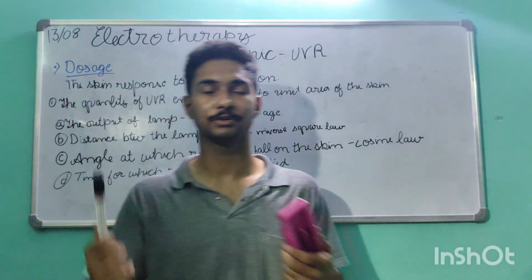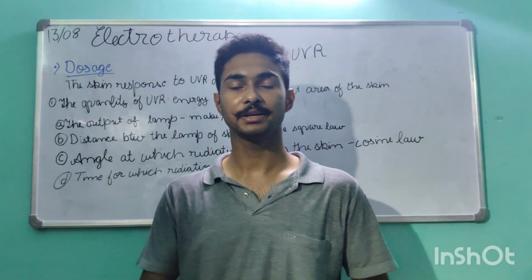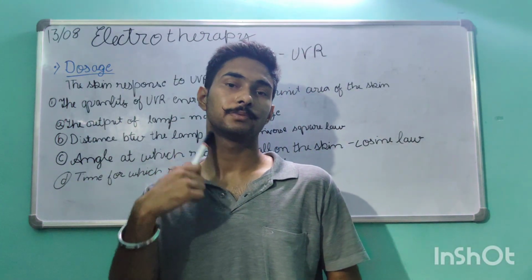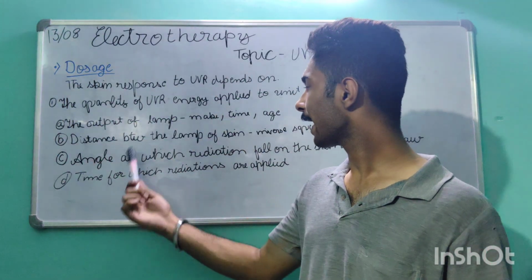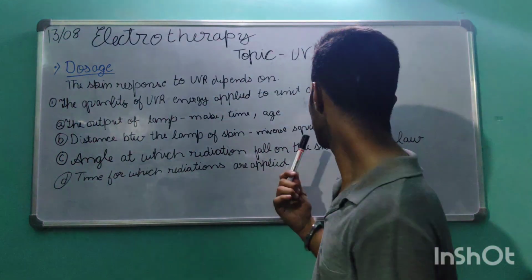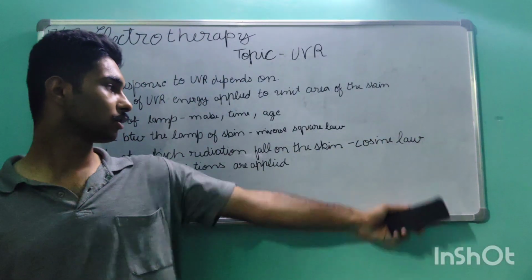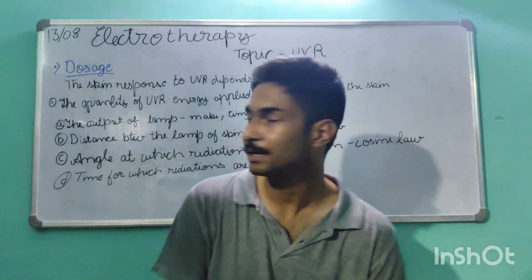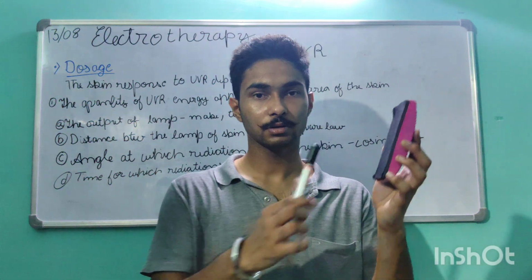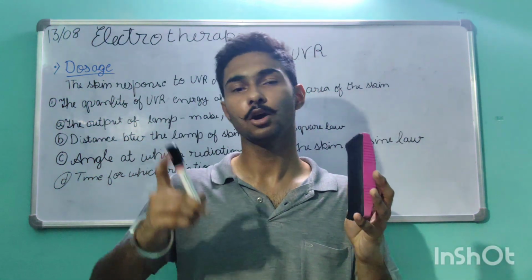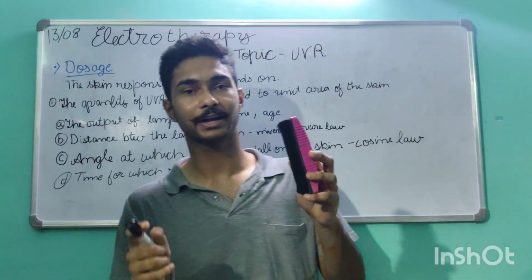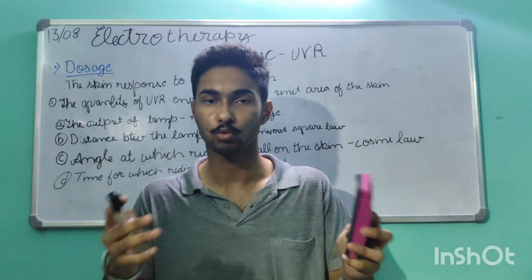If it is not, then you won't get the satisfactory treatment or result you wanted. Then we go to the angle at which radiation falls on the skin, the cosine law. The thing is simple: the lamp and the patient's skin or target area should be at a certain angle for a better outcome.